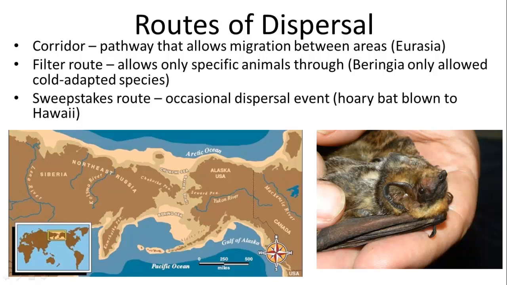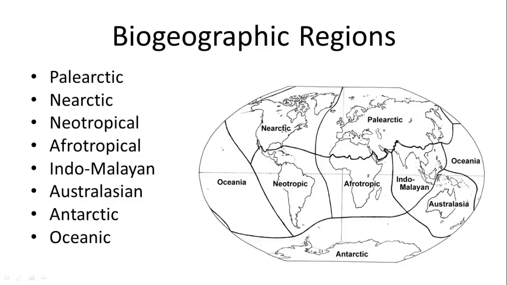All right. Globally, we can break up the Earth into biogeographic regions. So the Nearctic is the New World, temperate and Arctic biomes. Palearctic would be Old World, temperate and Arctic biomes.